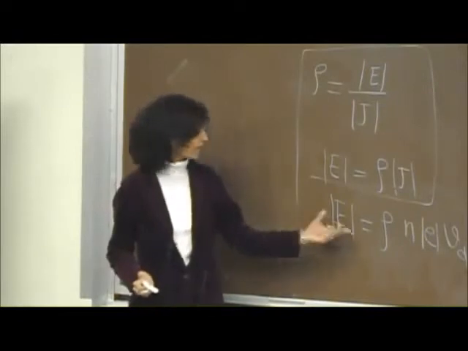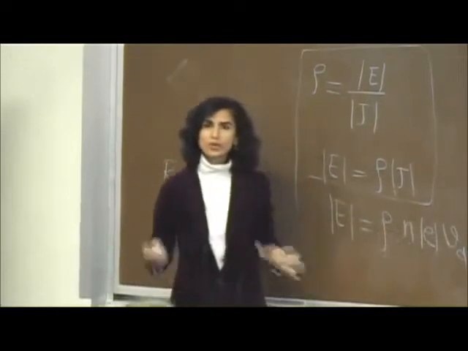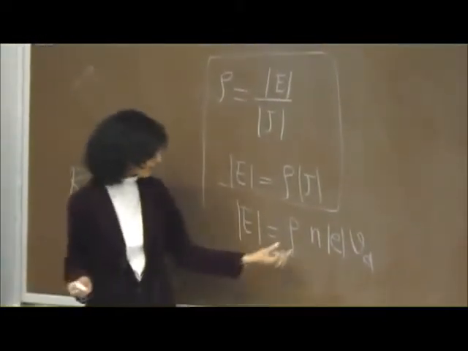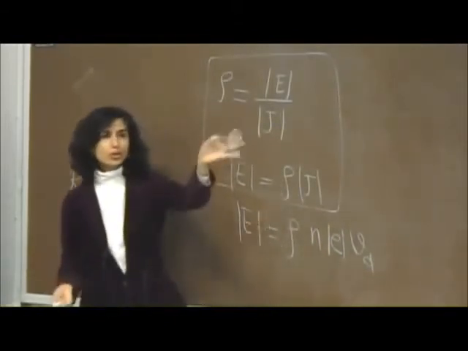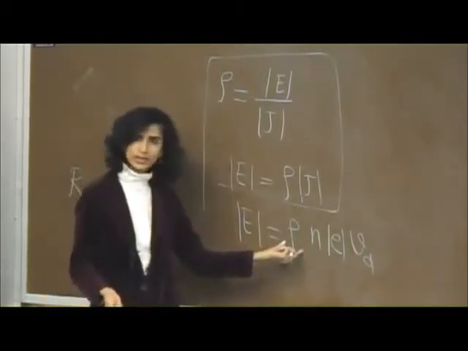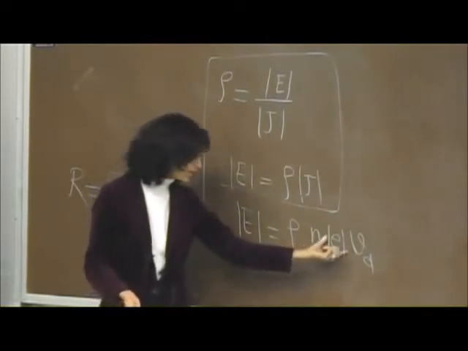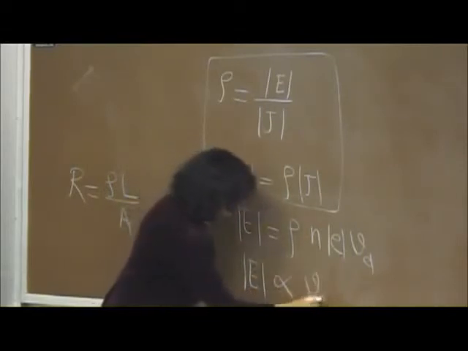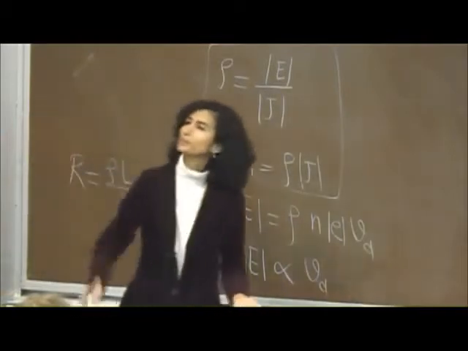If I give you a copper wire at a given temperature, say room temperature, you can go to a CRC table and find out what rho is for it, what n is for it, how many electrons per unit volume. e is fixed, so you can see in that case E is proportional to drift speed. Please.